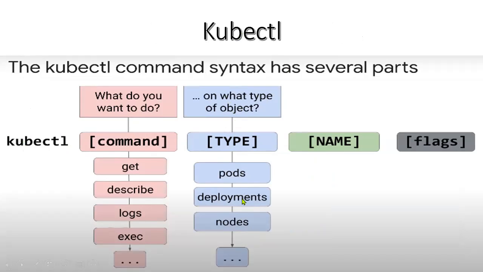We'll be doing pods, deployments, ReplicaSets and services today. Then you can give the name, say the pod name is XYZ. Then you can give the flags, what information you want. So this is the simple structure of a kubectl command.